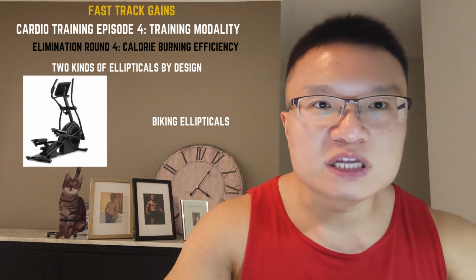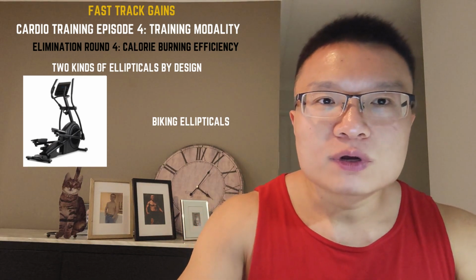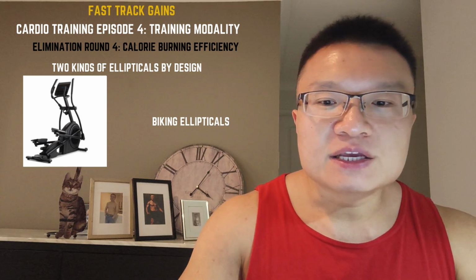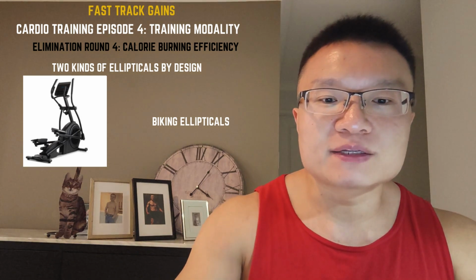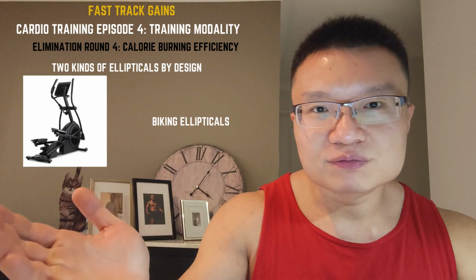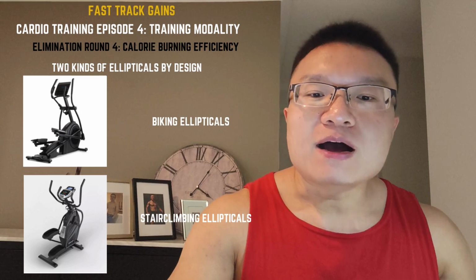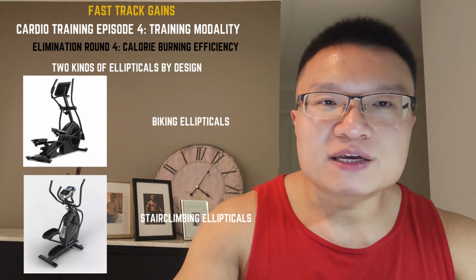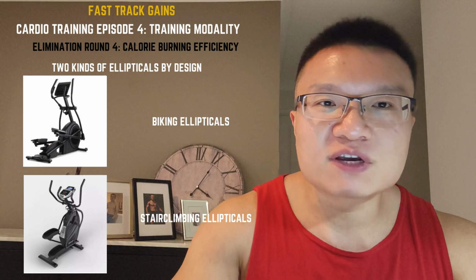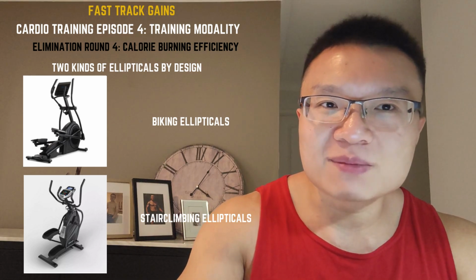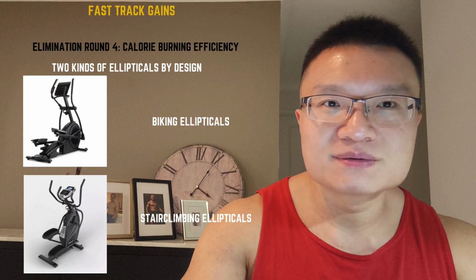The second kind of ellipticals, what I call stair climbing ellipticals, are in my eyes the best cardio machines on the market. They generally look like this. Okay, I know they look very similar to biking ellipticals, and you may have some difficulty telling why this kind is better. So maybe this clip will help.